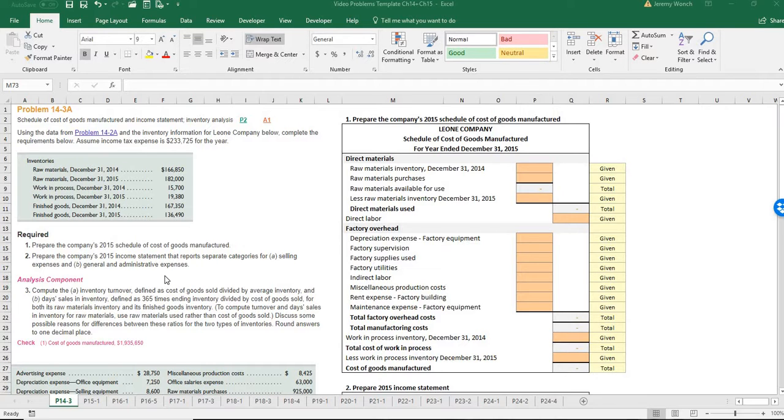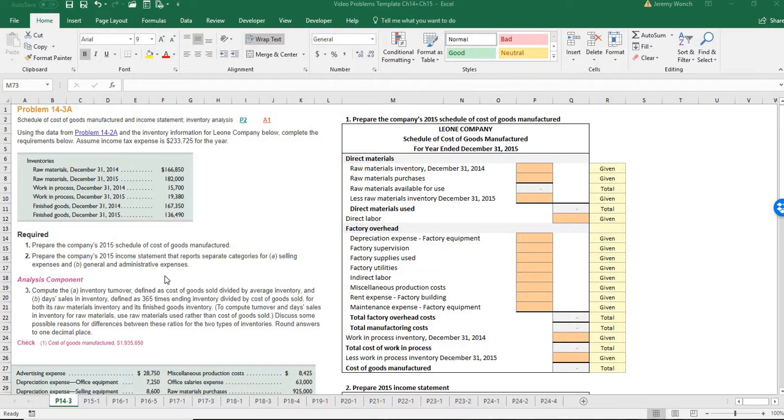Cost of goods manufactured goes along with that and helps get us to our cost of goods sold. Essentially, it tells us, out of everything that we made, not counting sales at all, what was our cost to make this product that we build up in inventory. Whereas cost of goods sold is just that: out of what we actually sold and left the company, what was that cost?